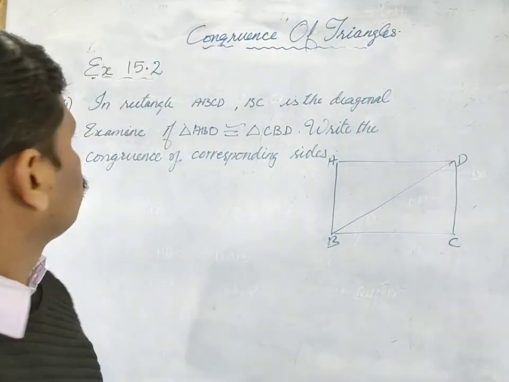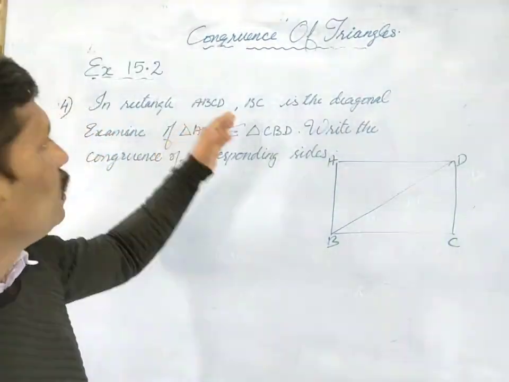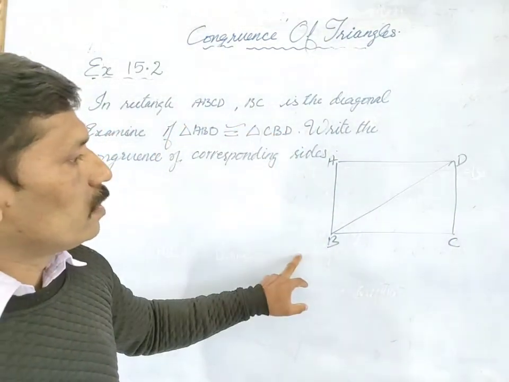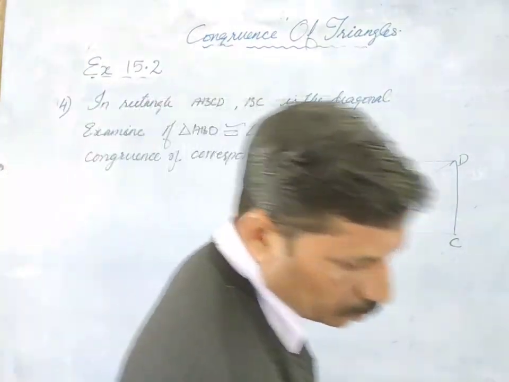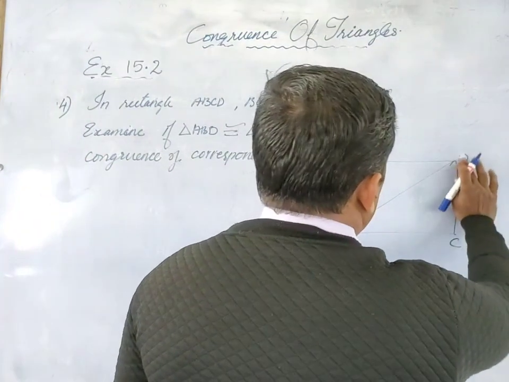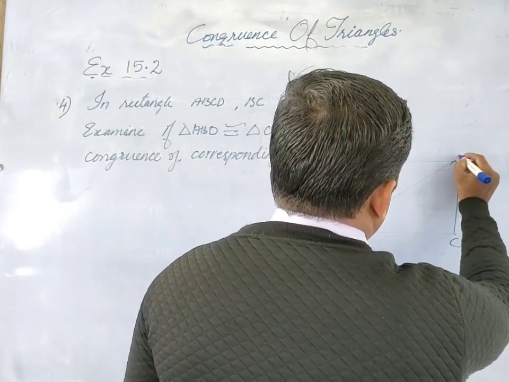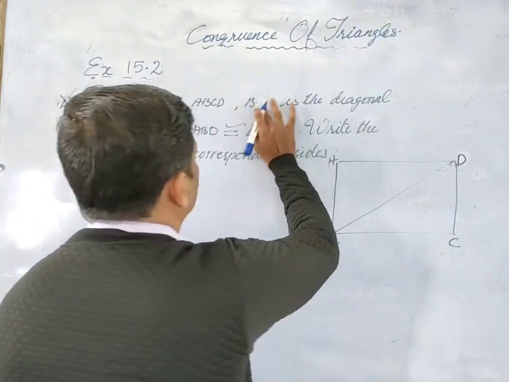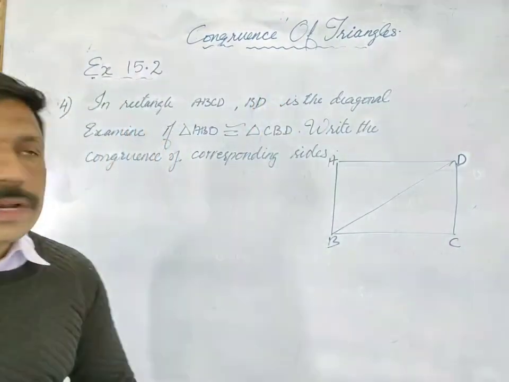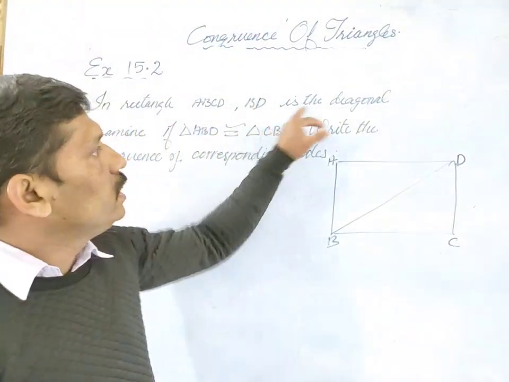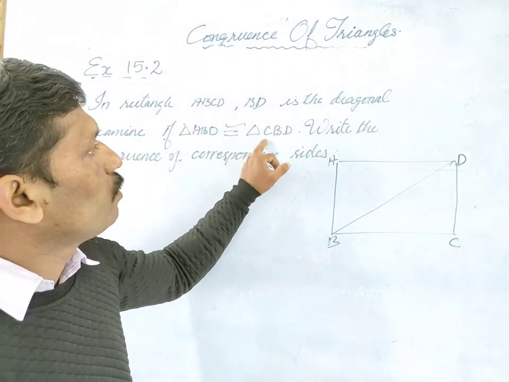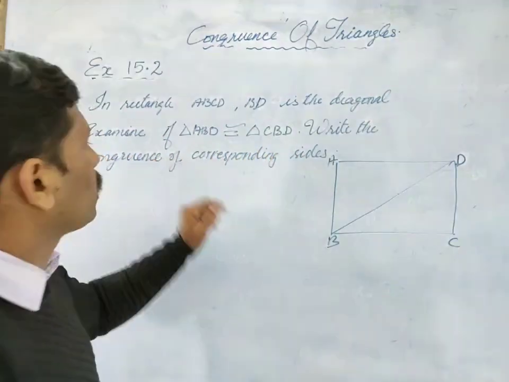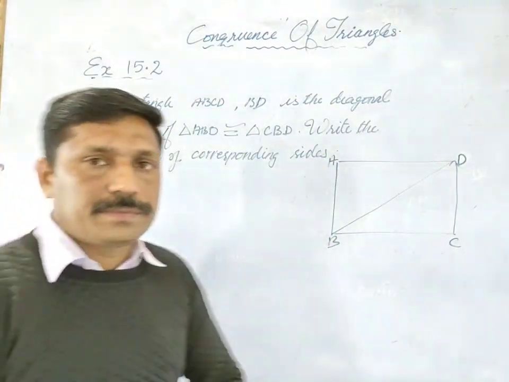Question number 4. In rectangle ABCD, BD is the diagonal. Examine if triangle ABD is congruent to triangle CDB. Write the congruence of corresponding sides.